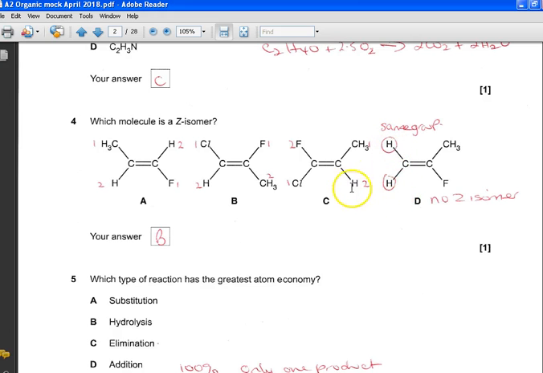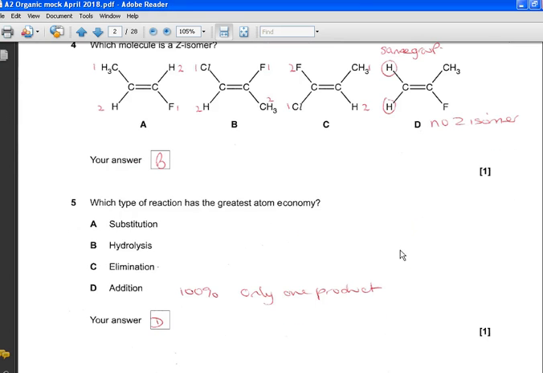For EZ isomerism, your carbon must have different groups. Okay, but until you've designated them 1 and 2, you won't know which one is a Z isomer. Of course, once you come across it, which in this case is B, you should be okay. You shouldn't need to worry about the others.